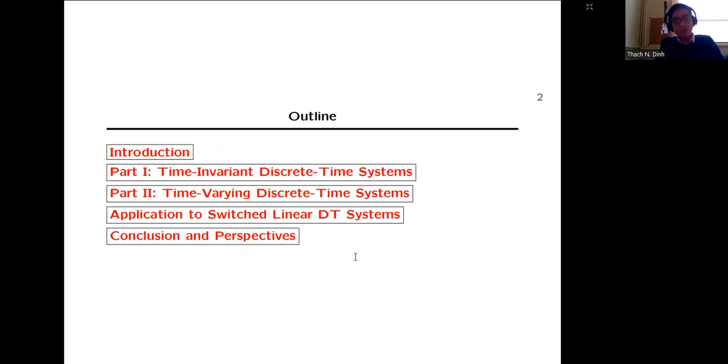I will start with an introduction, and the two main parts of my talk review the time invariant discrete time systems and time varying discrete time systems. Next, a small application to switched linear discrete time systems. And finally, I give a conclusion and some future work.